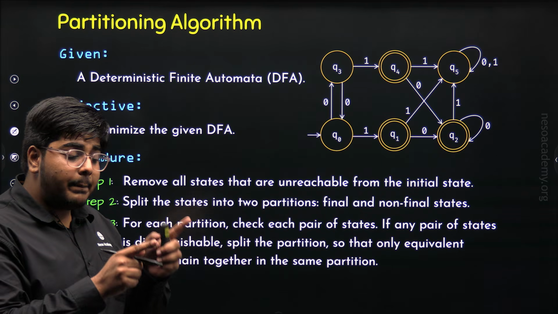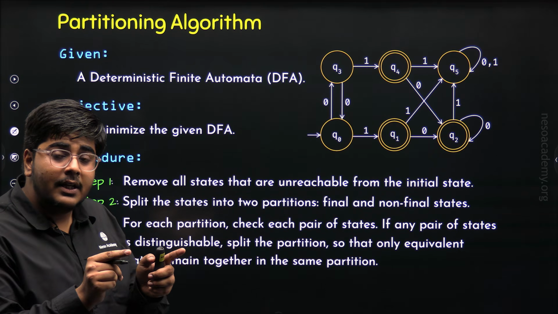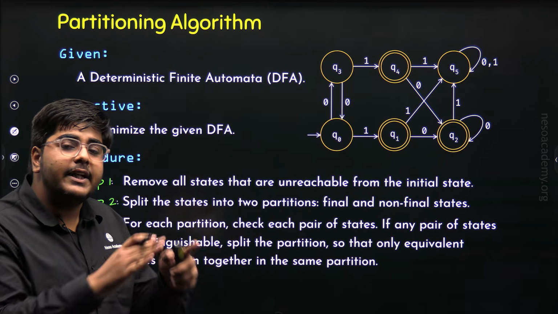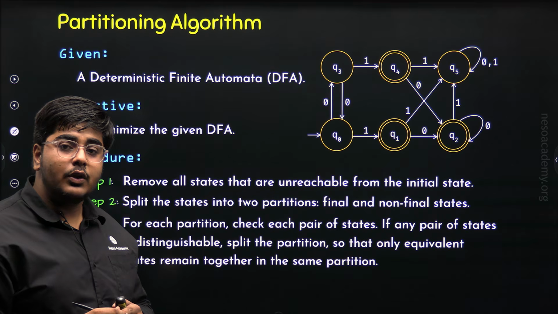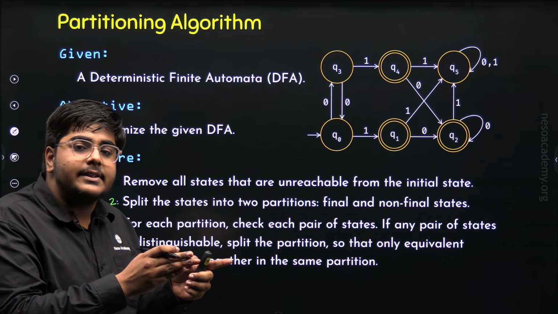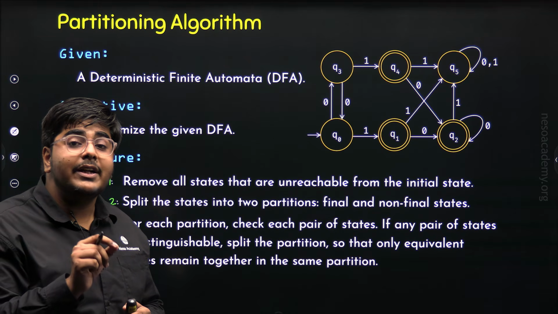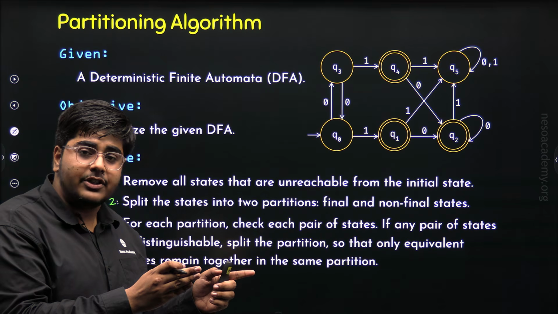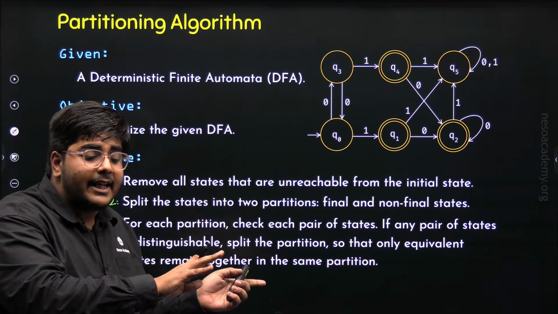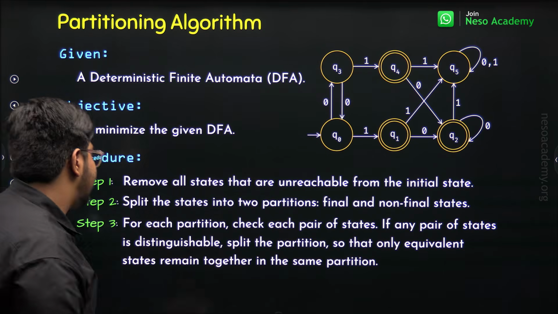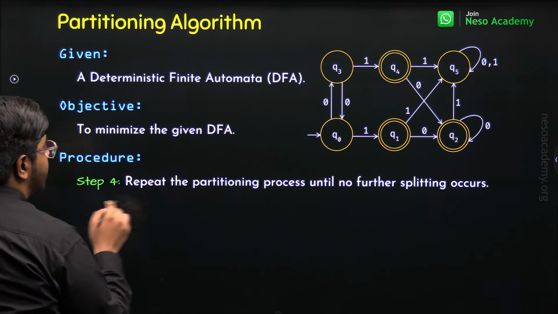And if the pair of states are distinguishable, that means they are having different kinds of behavior. We need to split that partition again so that only equivalent states can remain together in the same partition. Our ultimate goal is that equivalent states remain under the same partition and distinguishable states can be separated out into different partitions.